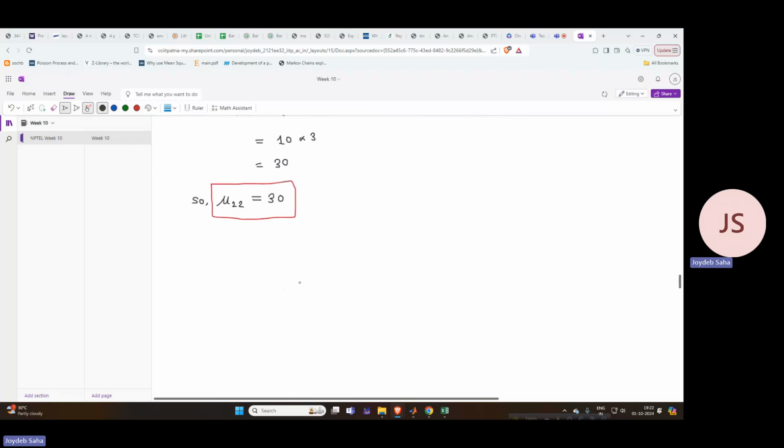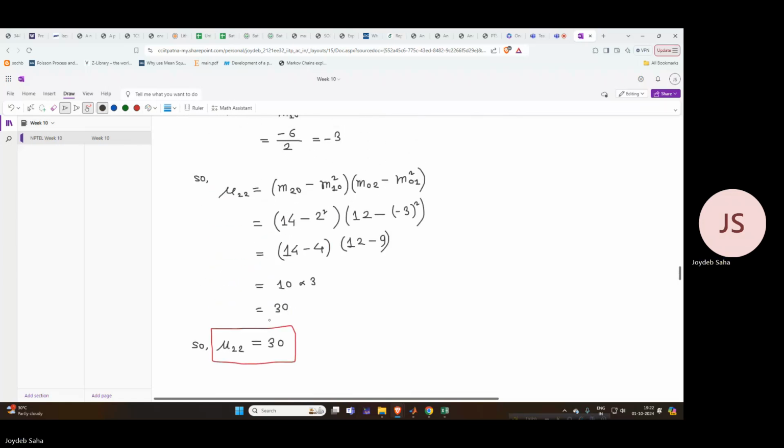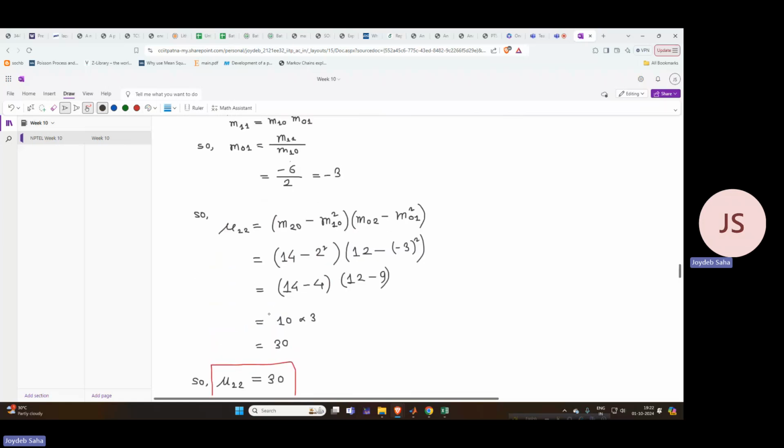Okay, hope it is understandable, students. Please take 2-3 minutes and try to understand. Then we will proceed further. Please try to understand how we have calculated M01 and then we have calculated mu22.